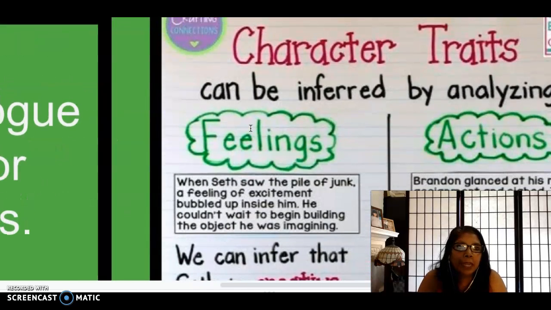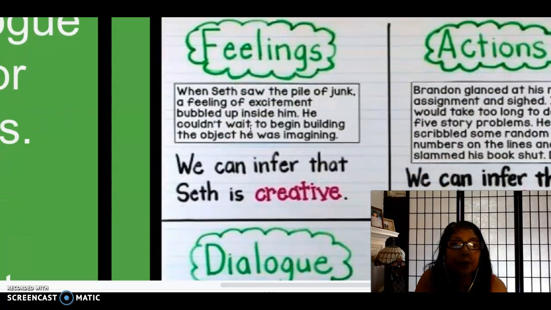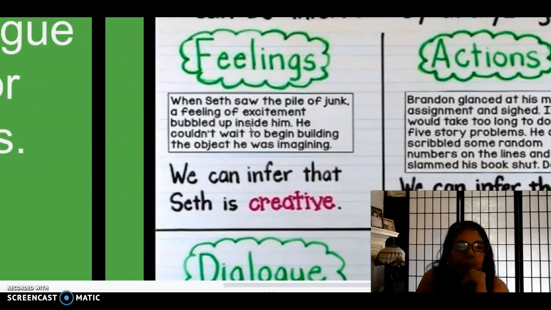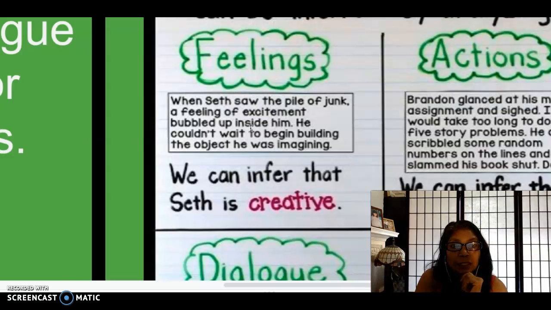So we can learn about character traits by analyzing and inferring feelings, actions, dialogue, and thoughts. So let's look closely at feelings. I'm going to read a little excerpt, and let's see what we can infer from this excerpt about Seth's feelings. When Seth saw the pile of junk, a feeling of excitement bubbled up inside him.